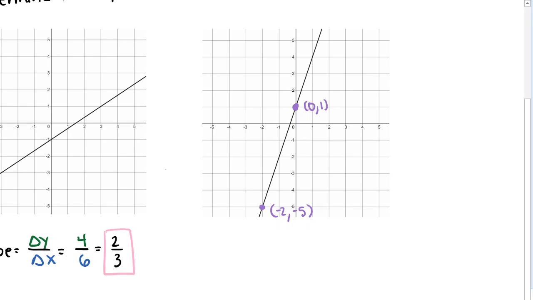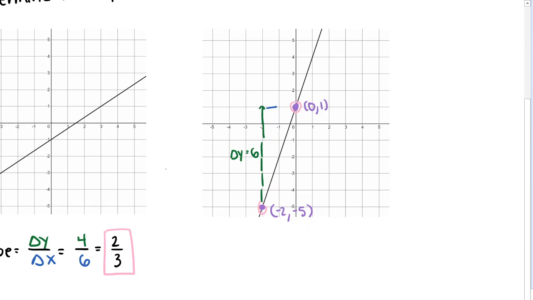So what's the change in y between these 2 points? Well, I should imagine that I'm going from one point to another, so I'm going to go from left to right here. So the change in y is, well, that's 6, right? I'm going up 5 units, I'll end up at the horizontal axis, and then I need to go up 1 more to have a y value of 1.